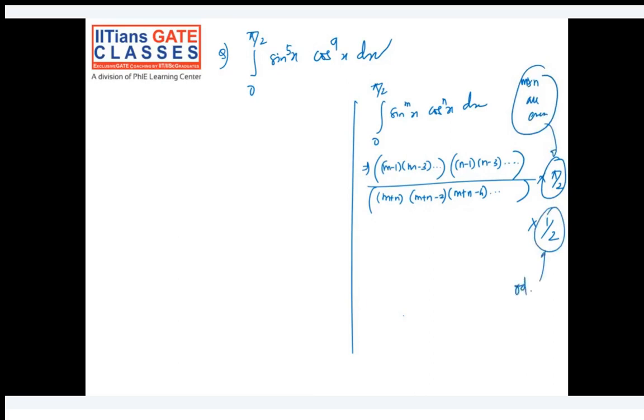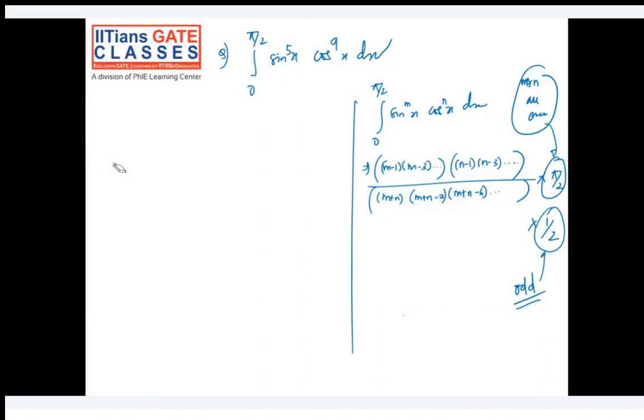In this case it's odd basically. 5 is odd, 9 is also odd. So the pi by 2 term will not come. Let me write it. m is equal to 5, n is equal to 9. So 4 into 2, you have to stop it here.